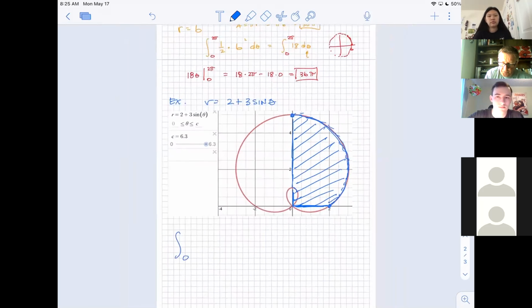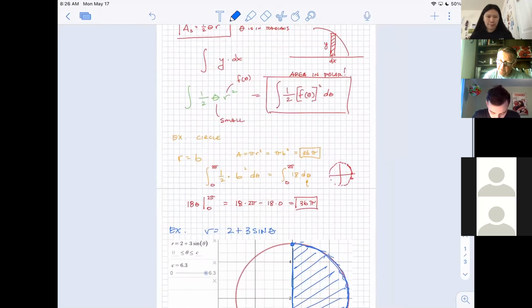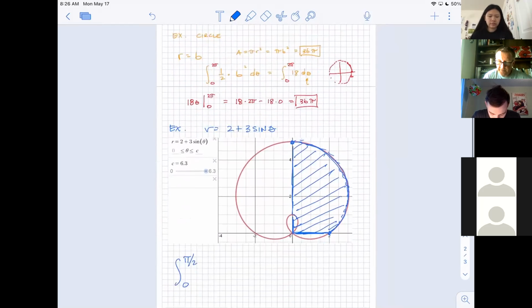Okay, so 0 to pi over 2. So this formula says we take 1/2, always a 1/2, and then we square whatever the function is, the function in terms of theta. The function in terms of theta is 2 plus 3 sine of theta. So I'm just going to square that.